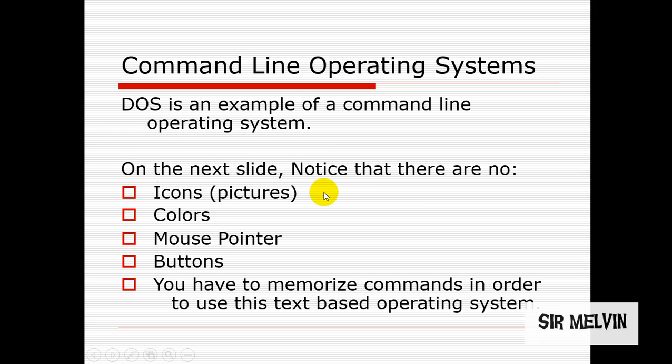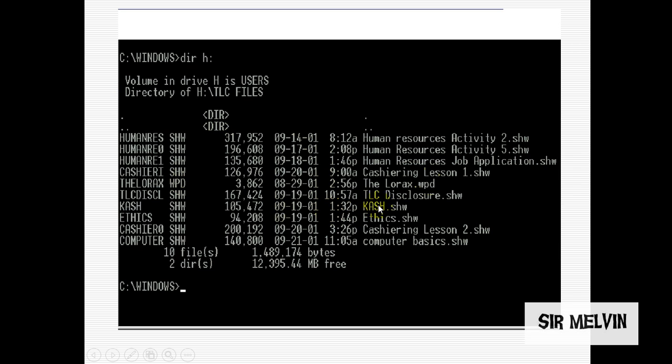On the next slide, notice that there are no icons, colors, mouse pointer, or buttons. You have to memorize commands in order to use this text-based operating system. This is the command line in the DOS operating system. This is the DOS command.